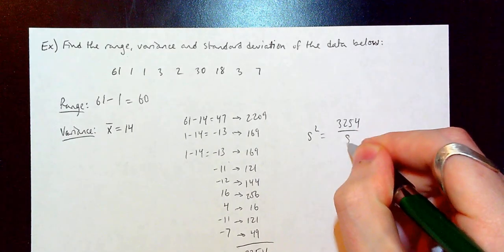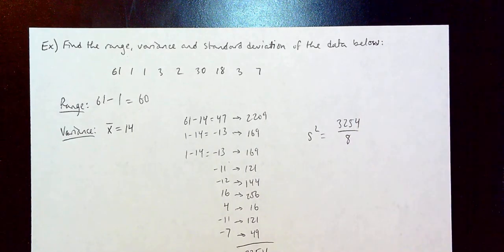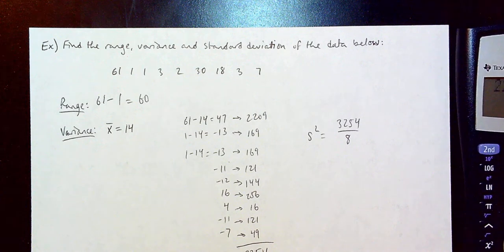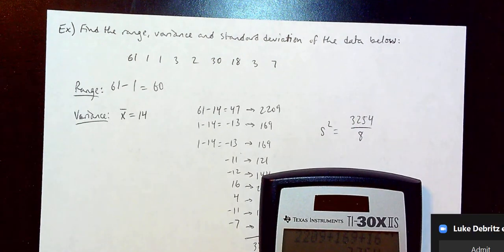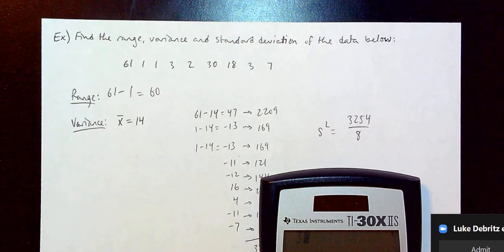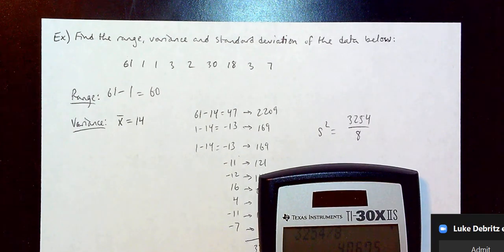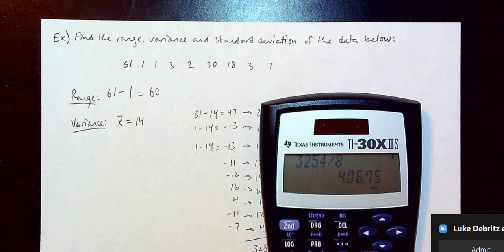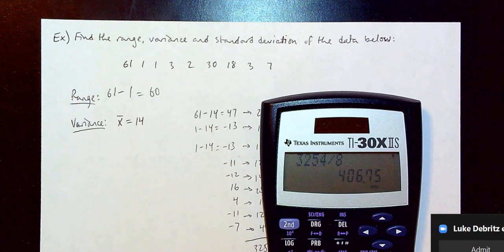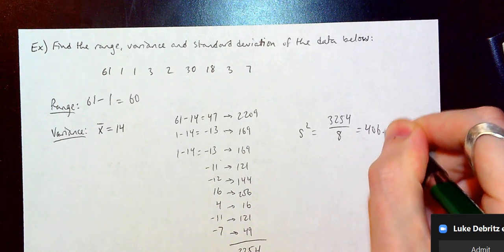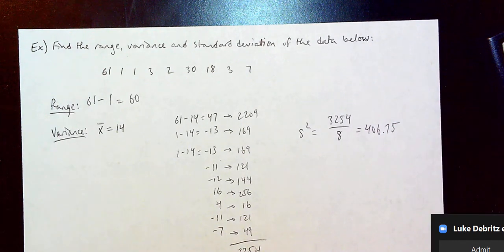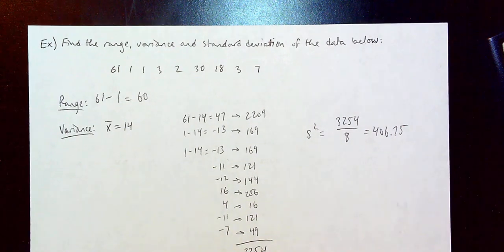So I'm dividing 3,254 by 8. And when I do that calculation, that is going to give me 406.75. Okay, so that is our variance there.